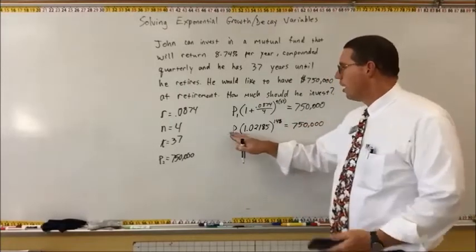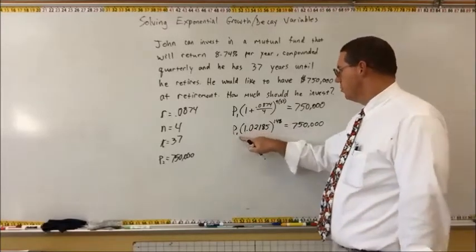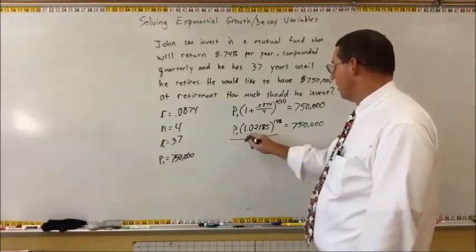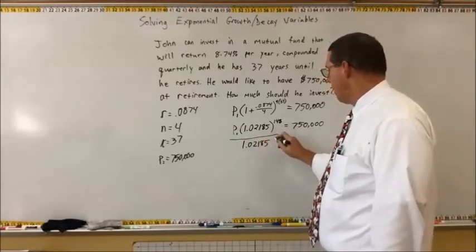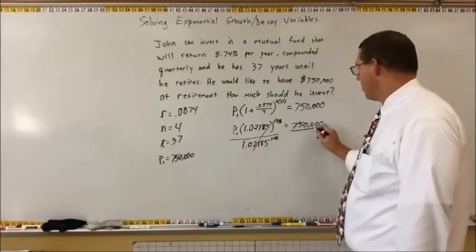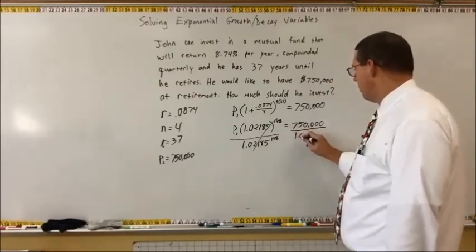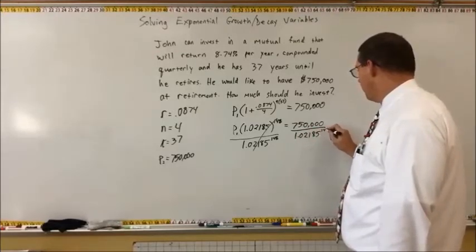Okay? Well, if we're trying to solve for P, then what that means is we need to divide by 1.02185 to the power of 148. And that'll cancel this out. And so that means on this side, we also have to divide by 1.02185 to the power of 148.